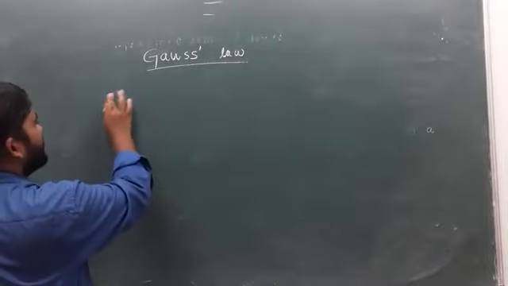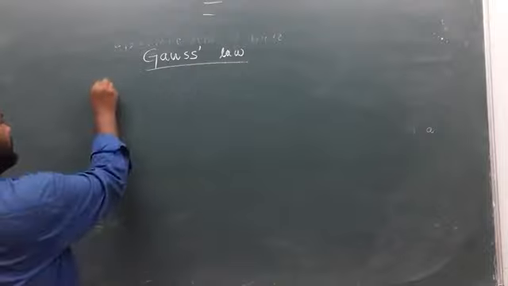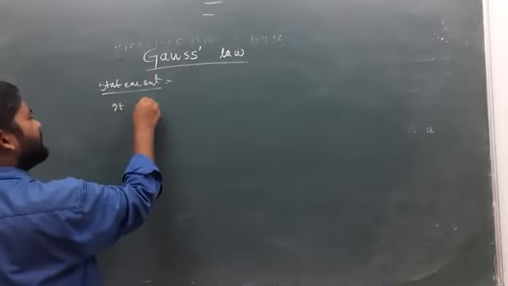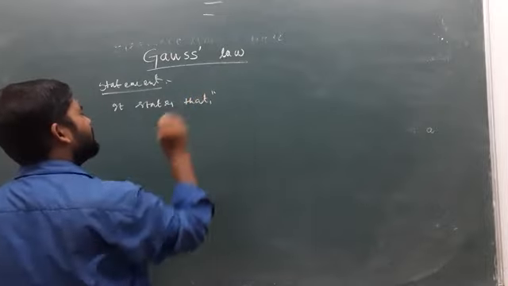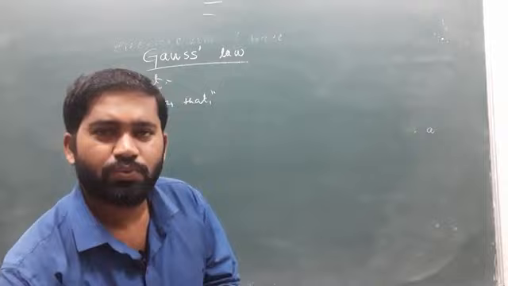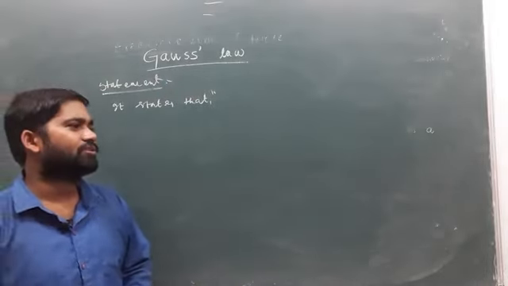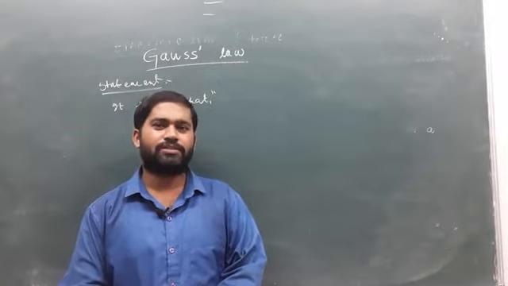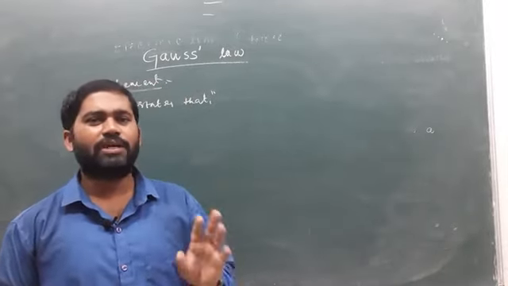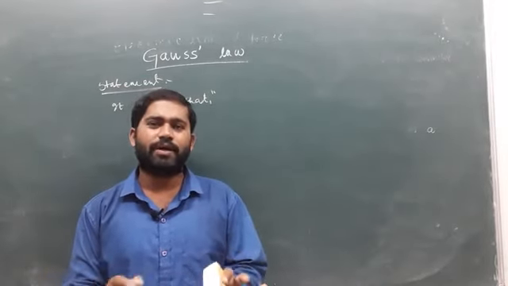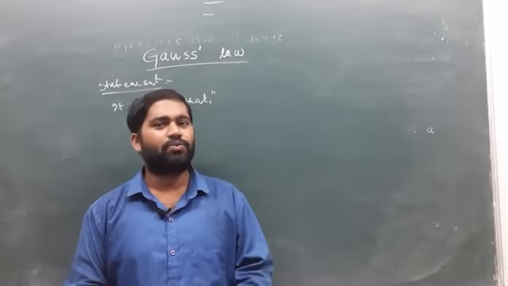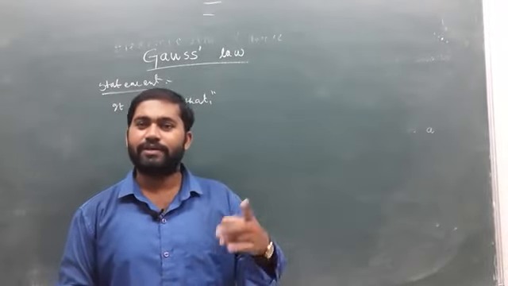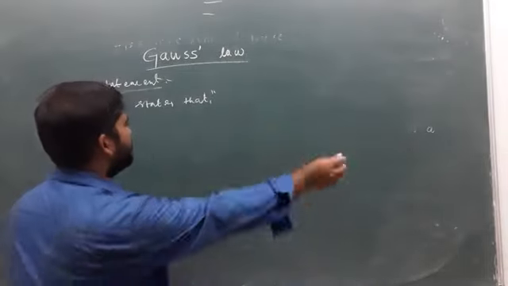That means we can state Gauss law as follows: it states that the net outward electric flux through any closed surface is equal to 1 by epsilon naught times the net charge enclosed by the surface. So, let us write, that will be easy to understand.